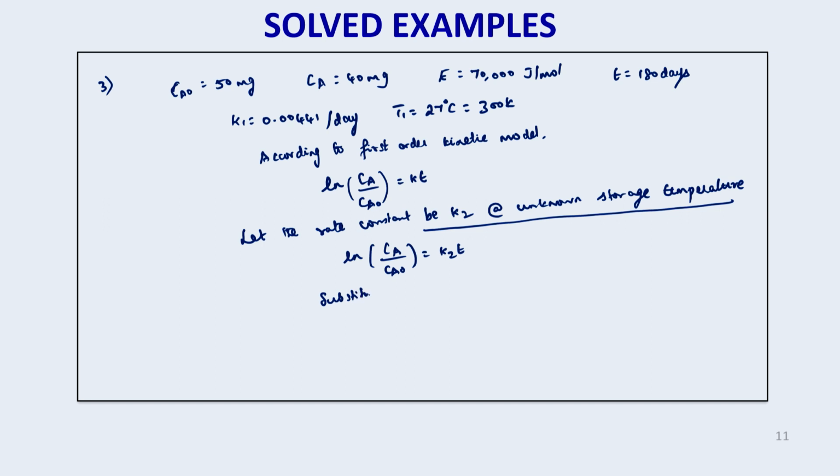Substitute the values of Ca, Ca naught and small t, we get ln of 40 divided by 50 equal to K2 into 180.